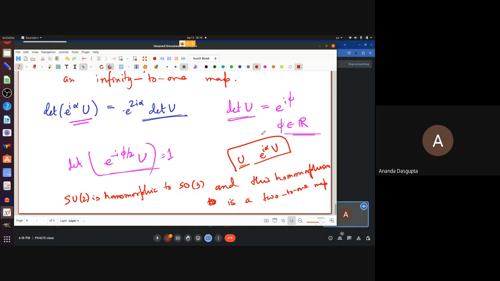But it will be special unitary for one non-trivial case. Which one is that? Of course, if e to the i alpha is 1, that is the trivial case, the same U. But what's the other one? The answer is also obvious from the way you constructed it: divided by the square root of the determinant.